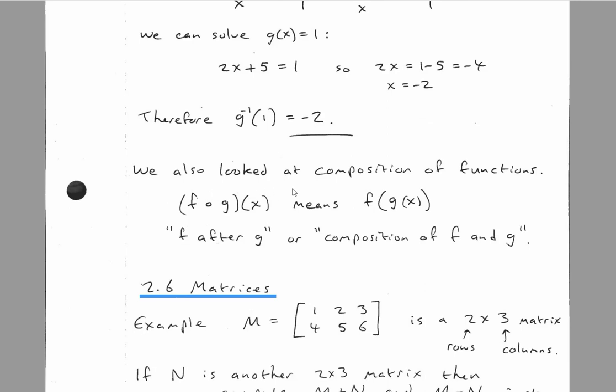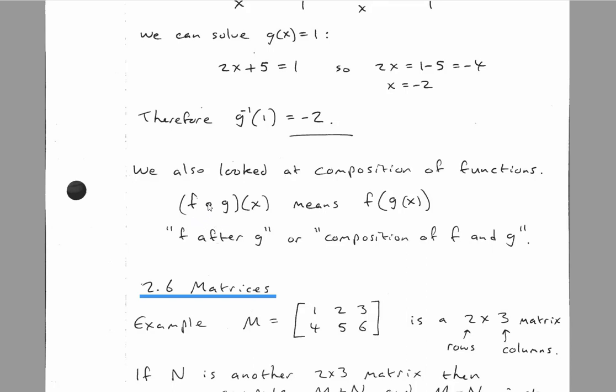And one last function topic, composition of functions. That just means you're putting one function inside another. So if you take an input x, work out g(x), and then work out f of that, then that's called a composition.